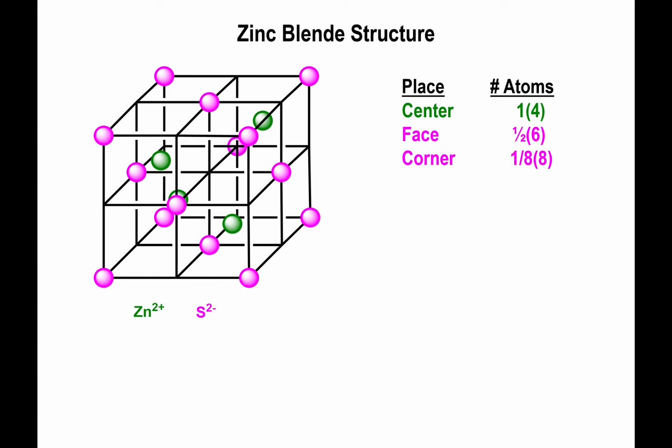So there are 4 zincs that fully count as part of this unit cell, since they're all inside the unit cell itself. Then you have 6 face atoms and 8 corner atoms for the sulfides, which tell you that you have 3 and 1, or 4, sulfide ions as well as 4 zinc ions. With this information, you can write initially a formula for zinc sulfide as Zn4S4, which you bring down to the lowest ratio, which means that the true ionic formula of zinc blende is ZnS, zinc 1 and sulfide 1.